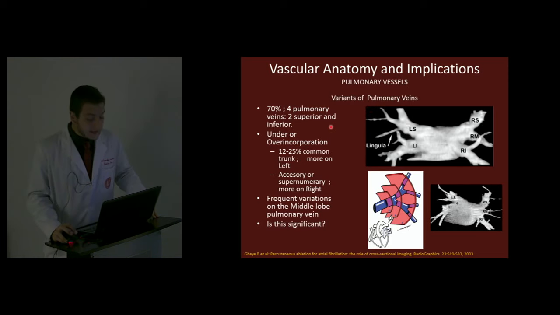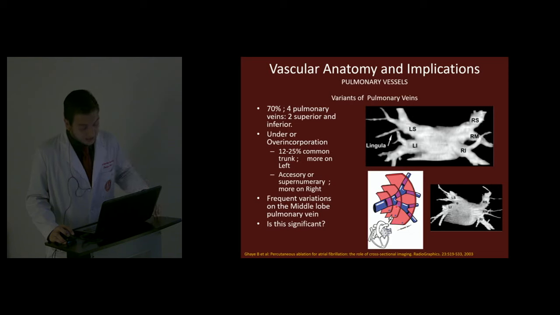When it comes to the veins, there are a lot of variations in the pulmonary veins as a result of their embryological development from the left atrium, with under or over incorporation of the veins depending on the stage of separation from the left atrium.